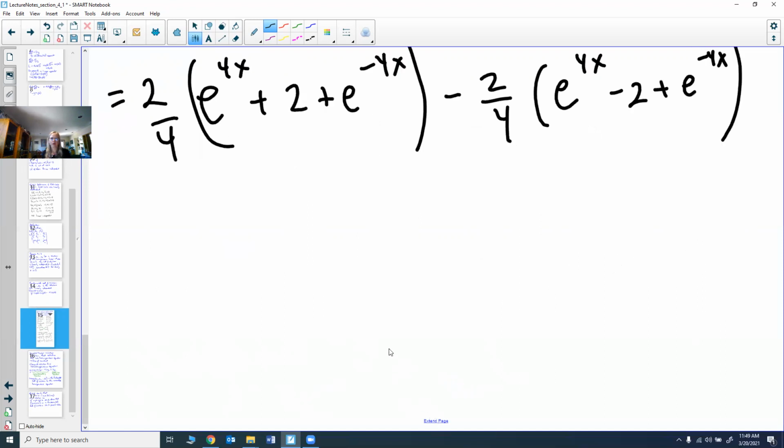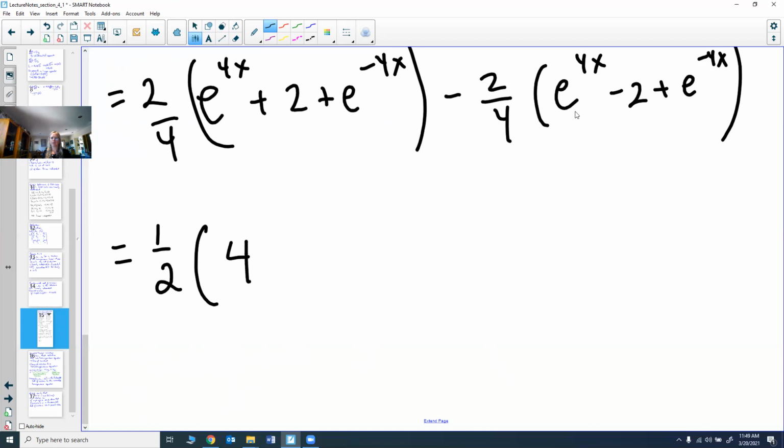And so then we're going to start collecting some like terms. One of the things I notice is I've got 1/2, and I'm just going to pull the 1/2 out. So we've got e to the 4x minus e to the 4x, which is 0. We have a 2 minus a negative 2, which is 4.